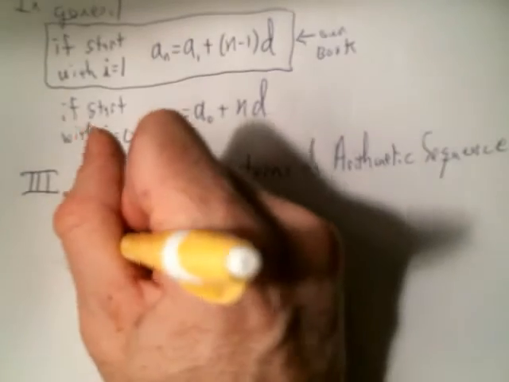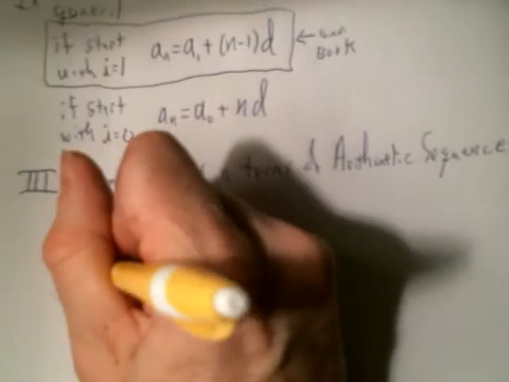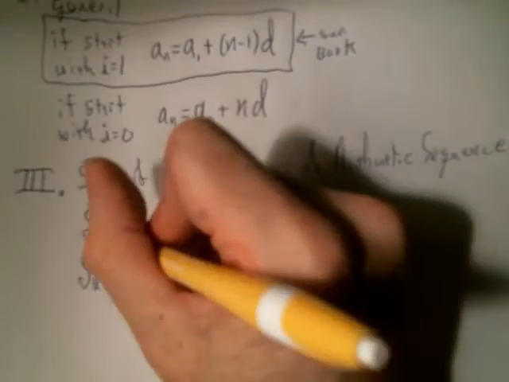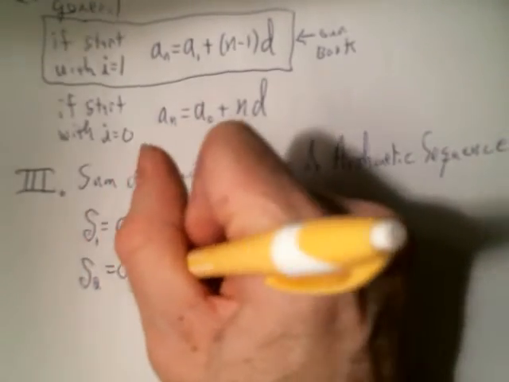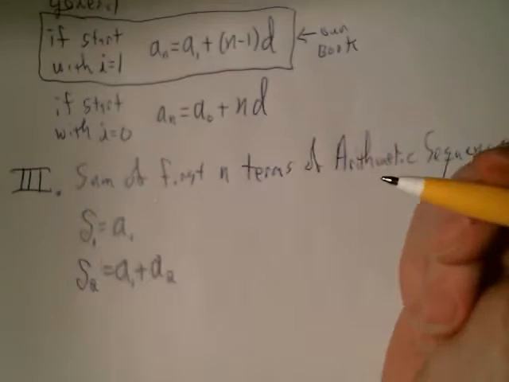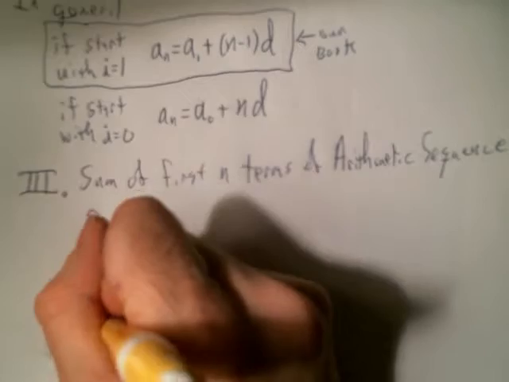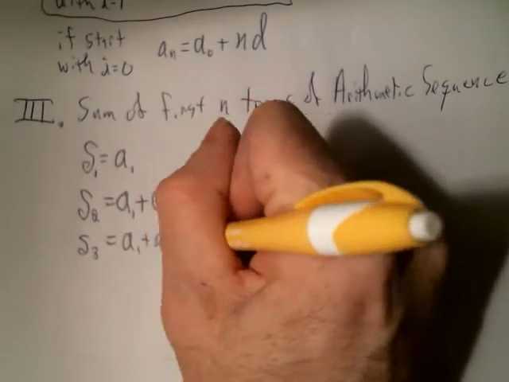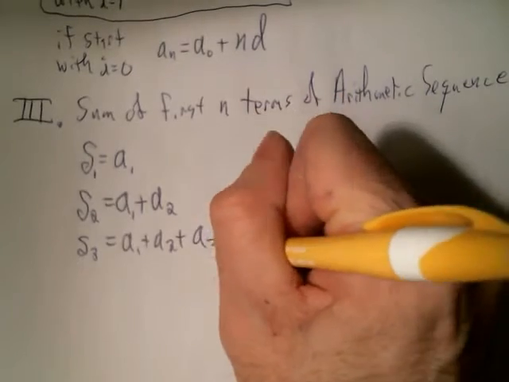So S sub 1, the first sum, is a sub 1. The second term of this new sequence is formed by adding the first two terms of the sequence a sub n. And then the third partial sum will be a sub 1 plus a sub 2 plus a sub 3.